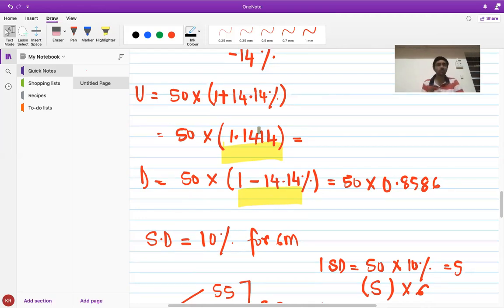D 0.9 was not equal to 1 divided by 1.1. So even if you do not make that assumption, you can proceed. Heavens are not going to fall. It's only that you cannot match your answer with any of the softwares available in the market, because all softwares give you the answer in such a way that U is equal to 1 by D, or D is equal to 1 by U.